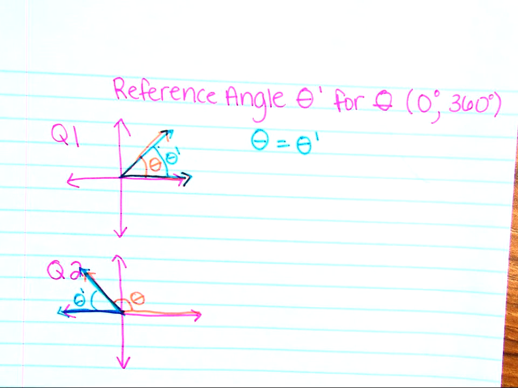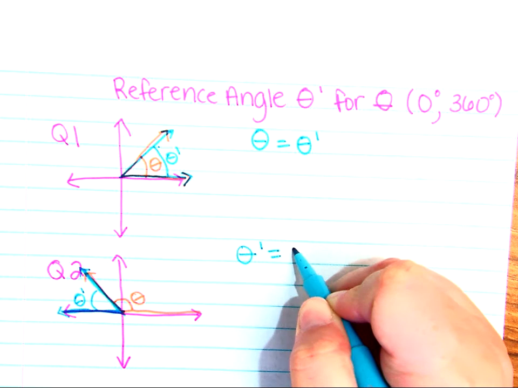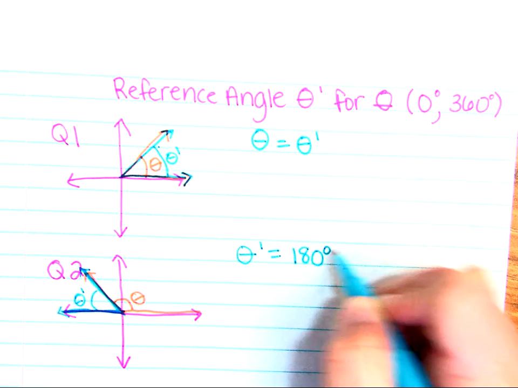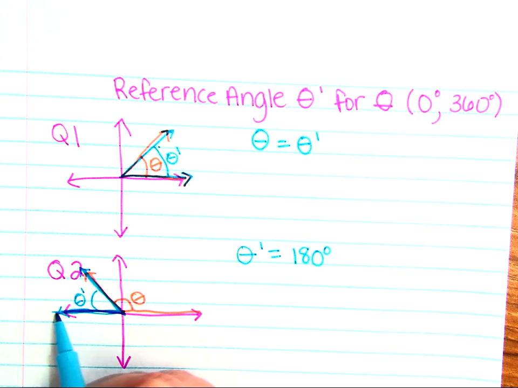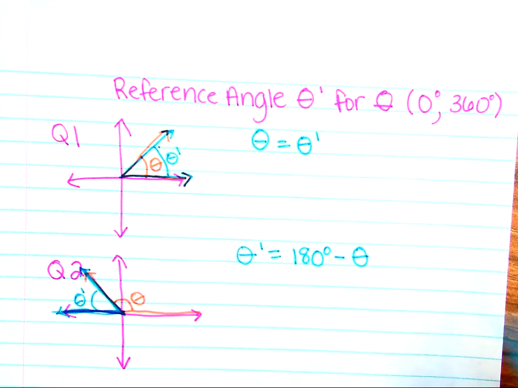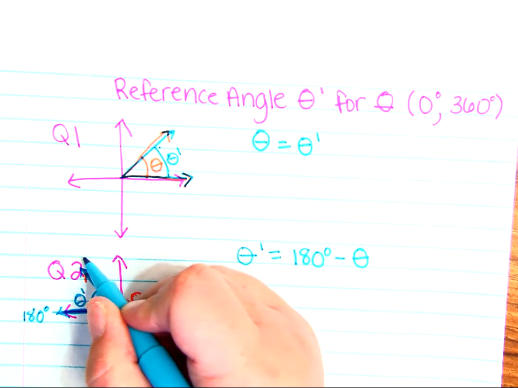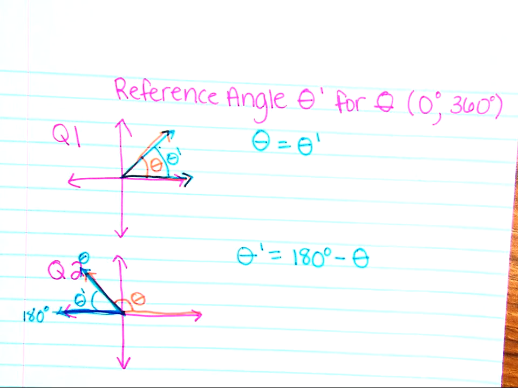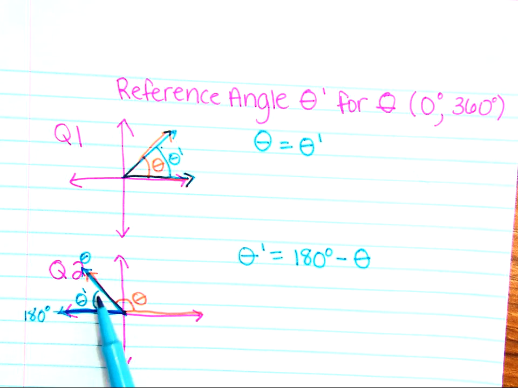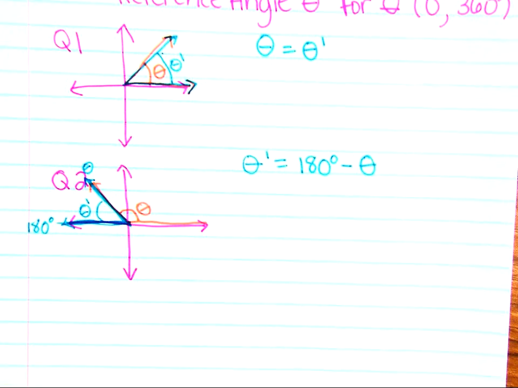And how would I figure that out? Theta prime is going to be equal to 180 degrees, because this is 180, minus theta. Okay, if this is 180, and this is theta, ending right there, then to figure out this chunk, I would do 180 minus theta. So see, there's different rules for each of the quadrants.